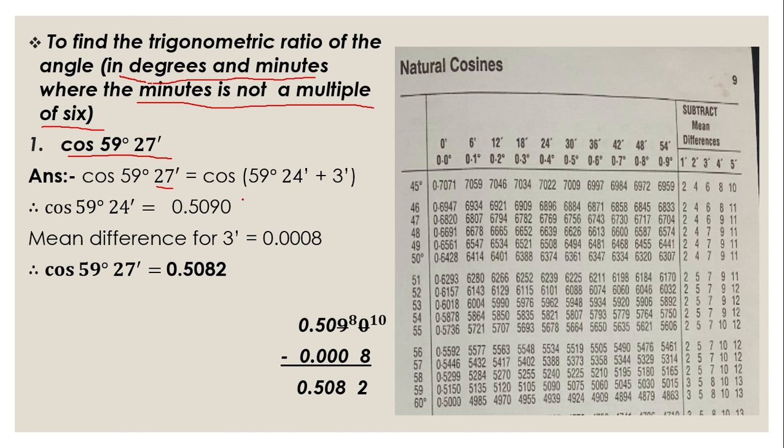We know how to find cos 59 degree 24 minute. So from the class table we get to know cos of 59 degree 24 minute is 0.5090.